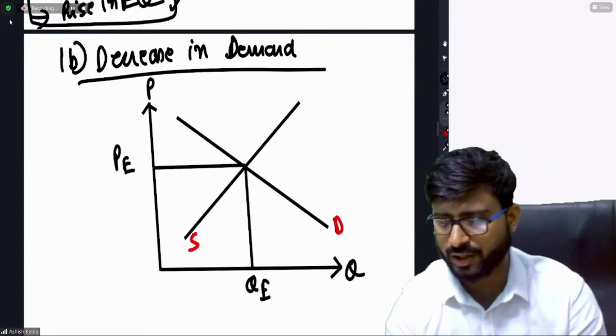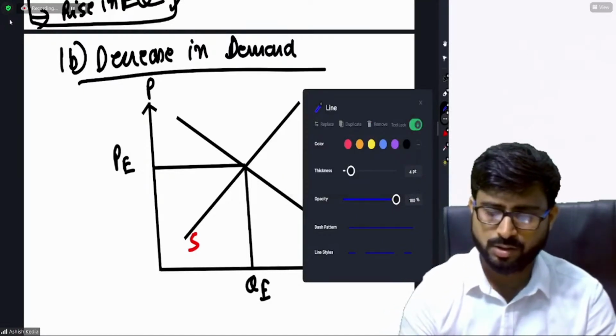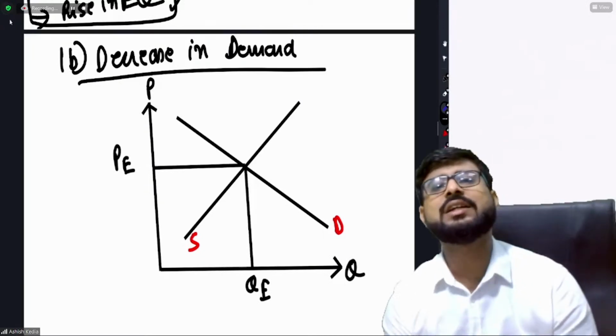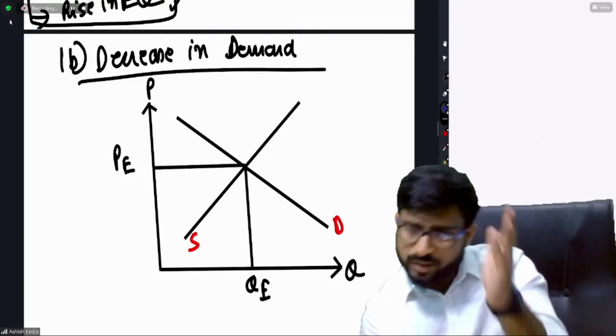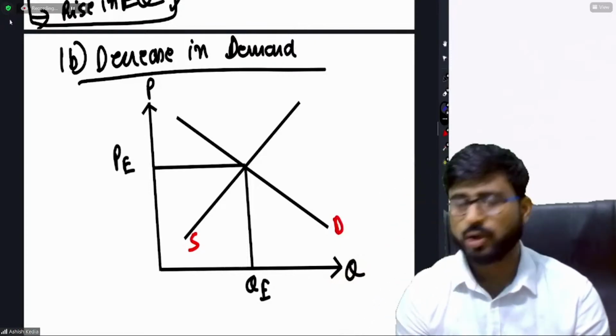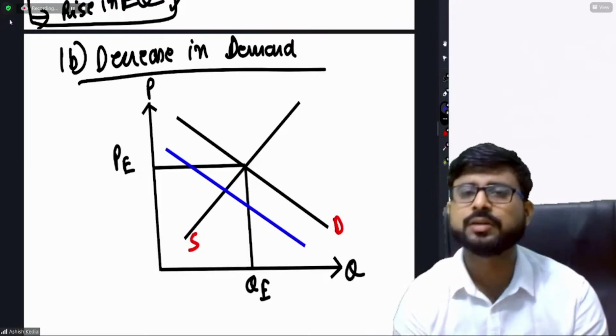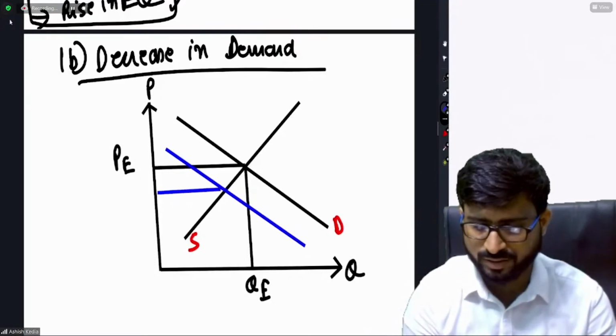This is the equilibrium quantity. Now everyone pay attention. What happens? There is a decrease in demand. So the demand curve will shift leftwards. Now the intersection is taking place here.